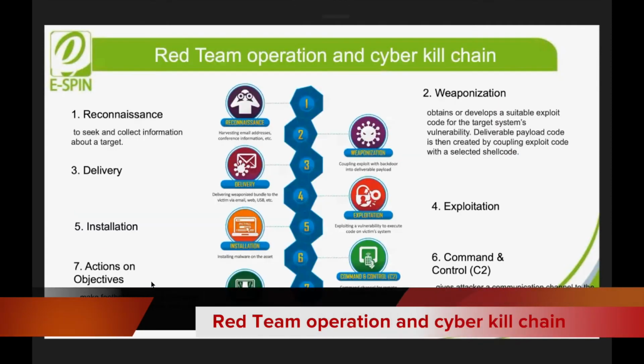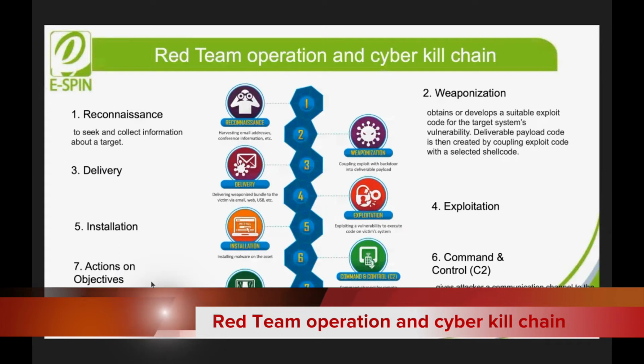So, okay, one of the key ways to explain what Canvas can do is through what we call the red team operation and cyber kill chain. This is one of the models that is very popular nowadays. We talk about the stages of the red team operation.